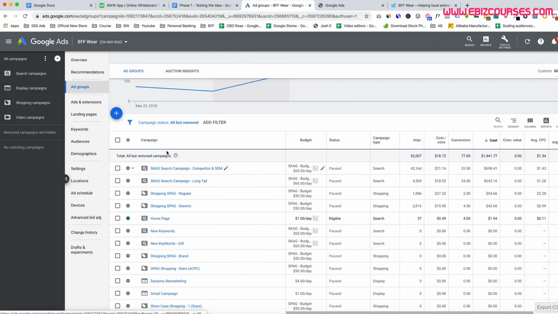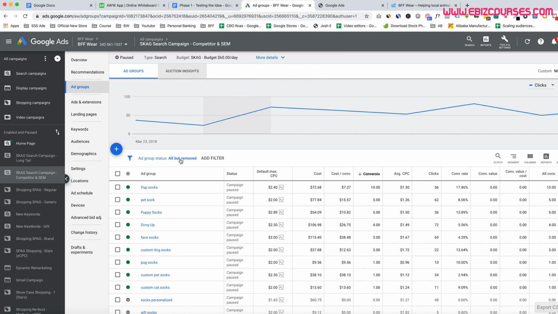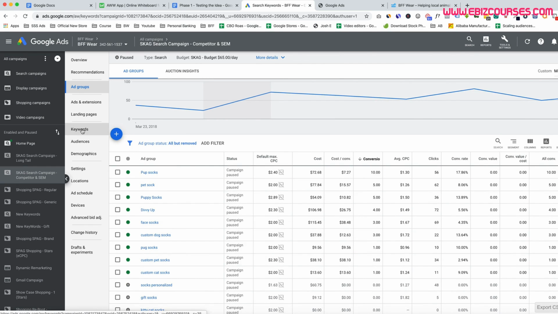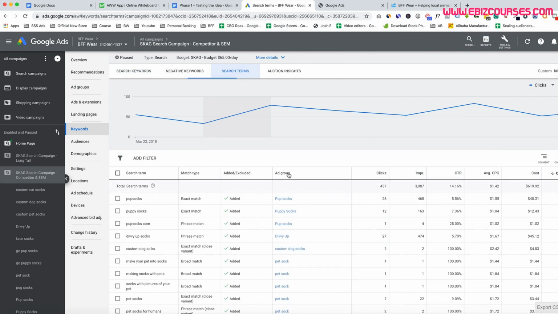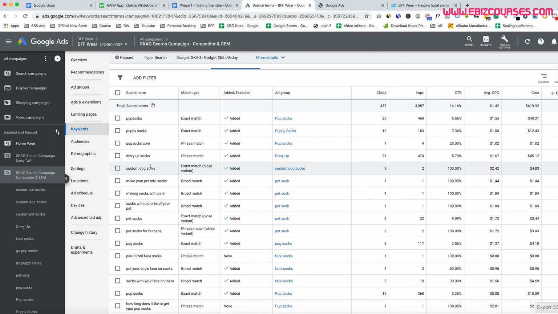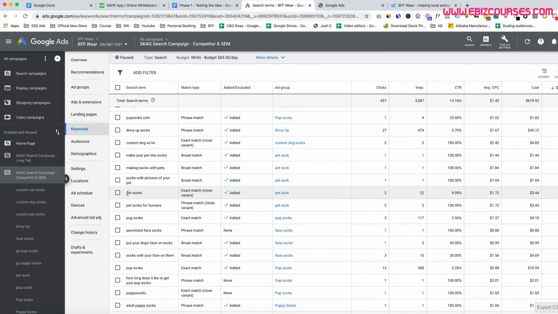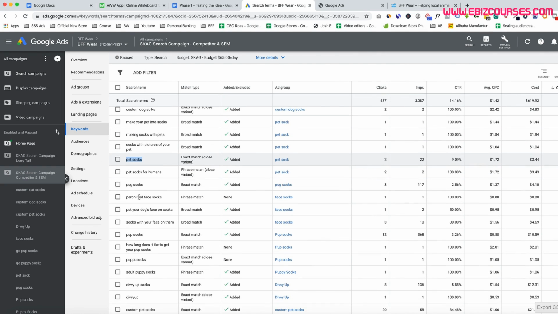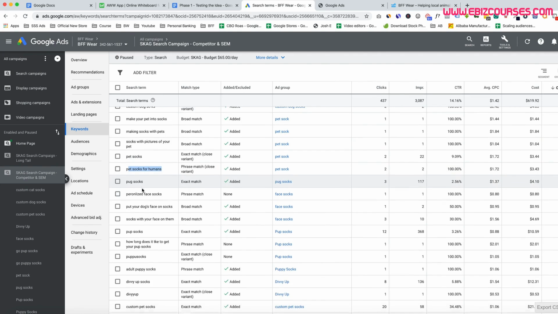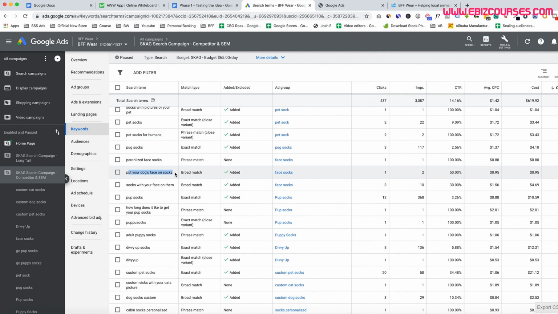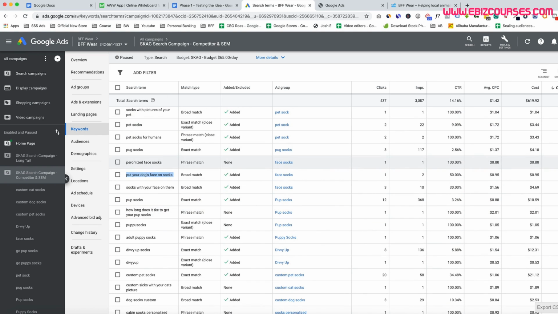If I go into one of these campaigns, under keywords and search terms, if we see that we are selling custom socks, custom dog socks, pet socks, pet socks for humans, put your dog's face on socks, and I'm not converting for a handful of these terms, I'm going to be like, what the heck? This is exactly one-to-one what I'm selling. It's literally a see pizza, get pizza model.